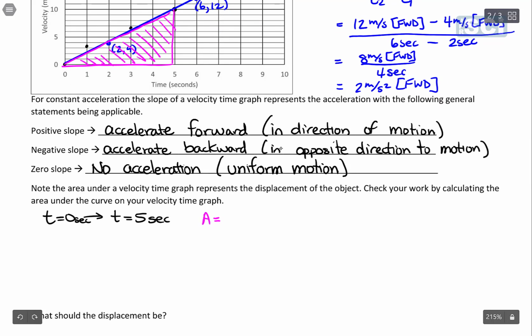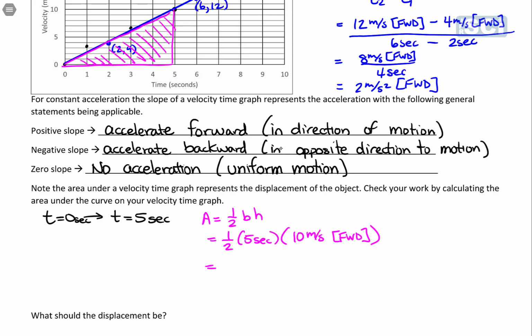The area is going to be 1/2 the base times the height. So 1/2 the base of this is 5 seconds. The height of this is 10 meters a second, forward. And if I calculate this out, 10 times 5 is 50, half of 50 is 25.